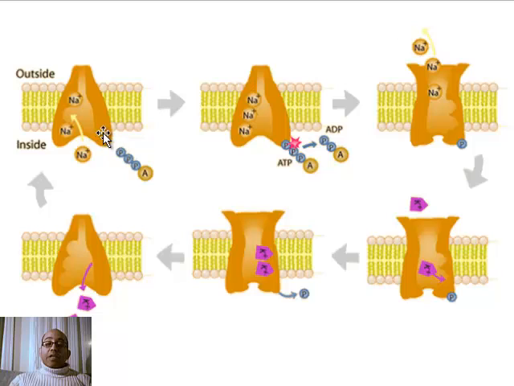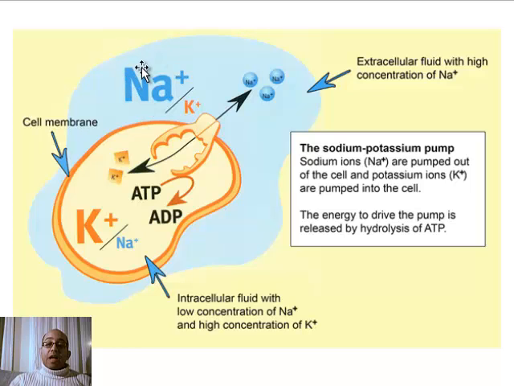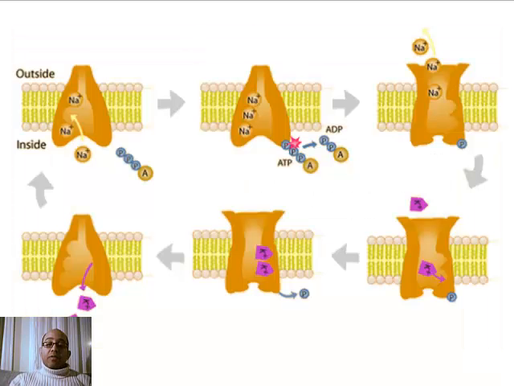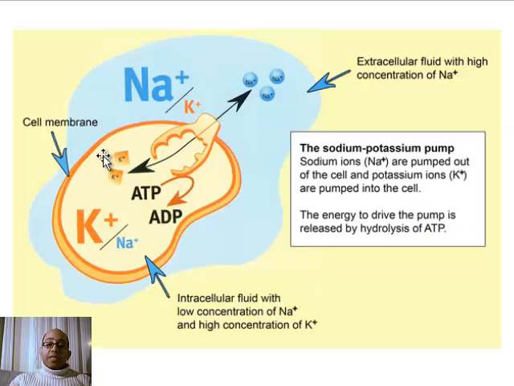Again, we're getting the sodium ions out of the cell towards where their concentration is already very high. And we're trying to get the potassium ions inside the cell where the concentration of potassium ions is very high. Basically, this drives a lot of other chemical processes that occur inside your cells that we'll talk about later.